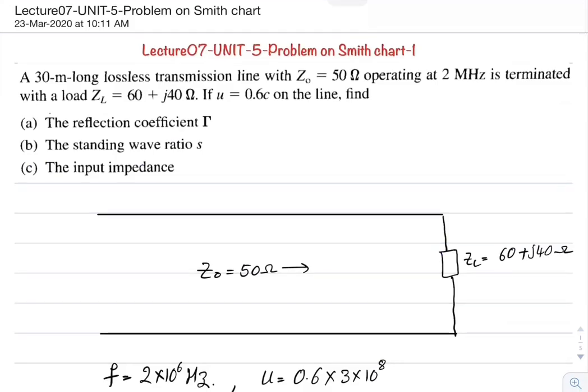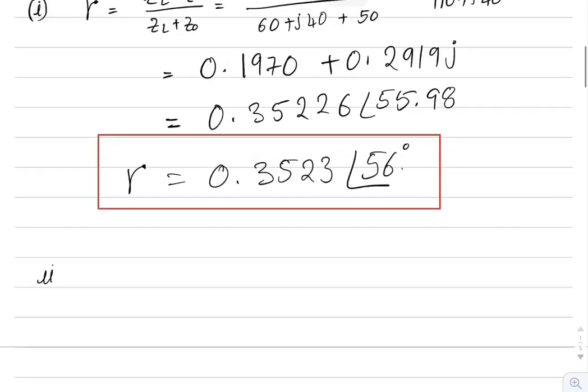The second point he asked is the standing wave ratio S. The standing wave ratio S or voltage standing wave ratio rho is defined as (1 plus mod gamma) by (1 minus mod gamma).